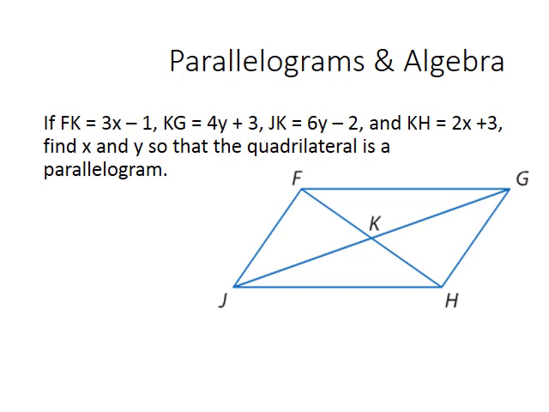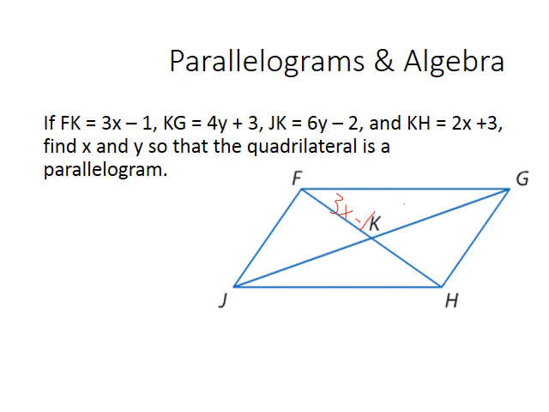Alright. Instead of justifying, now we want to solve for missing parts so that it is a parallelogram. So FK is 3x minus 1, out of the diagonal.